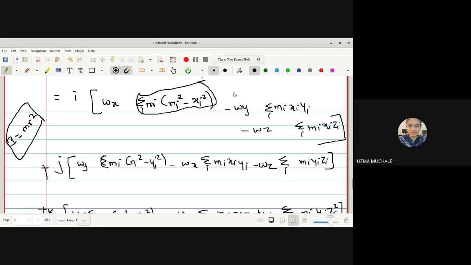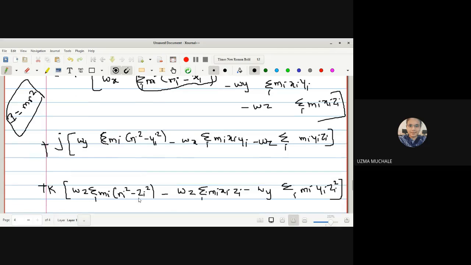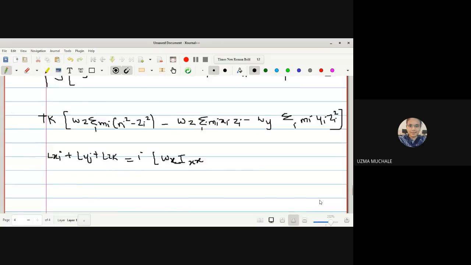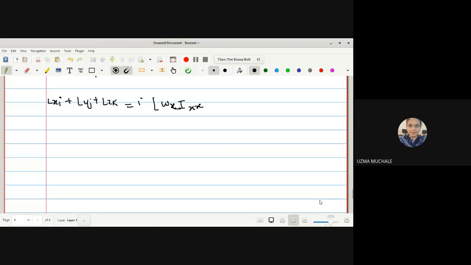Here also in a very similar way we have m into ri square minus xi square. This I will denote as capital Ixx. And here we have xy, this is Ixy, Ixz, Iyz. Like this I am going to denote. This is Iyy. And the last one, this is Izz, Ixz, and Iyz.